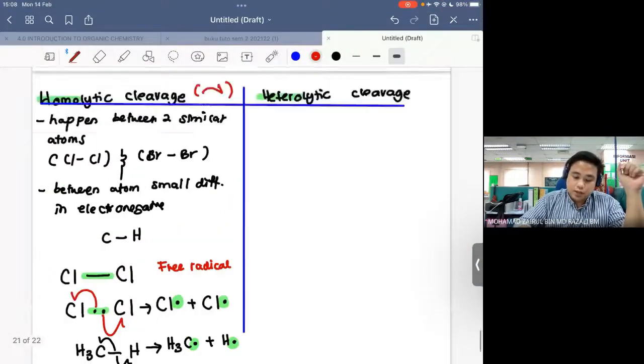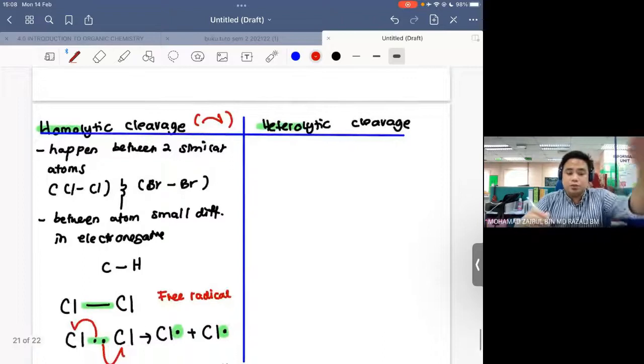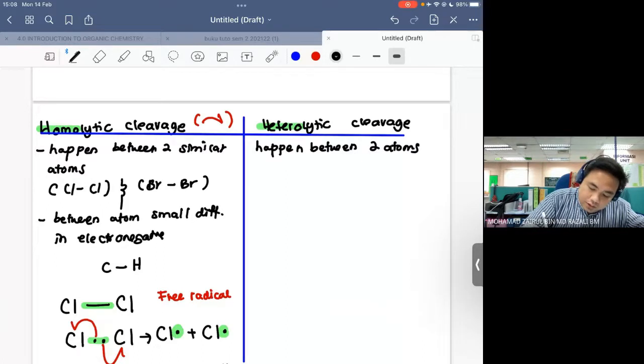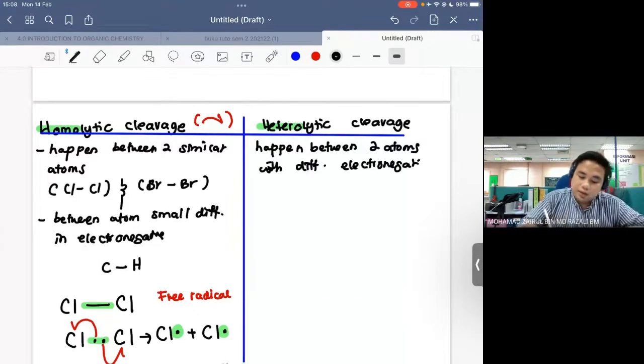Okay, so heterolytic cleavage is the opposite one. Heterolytic cleavage will occur between 2 atoms with different electronegativity. So let's say if I have carbon and chlorine.